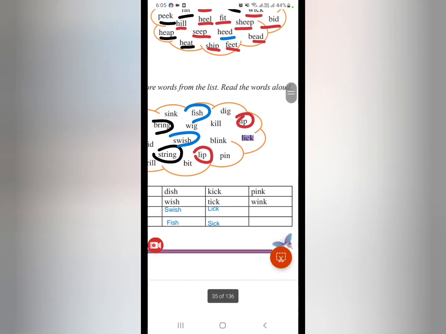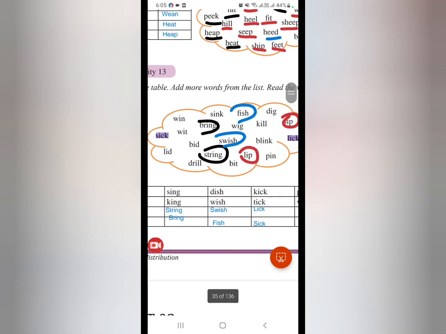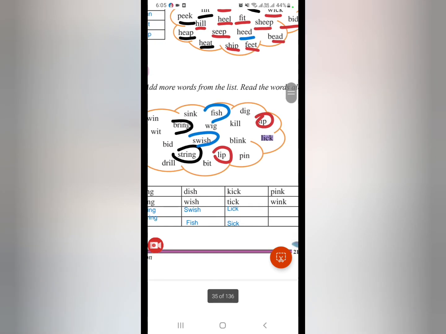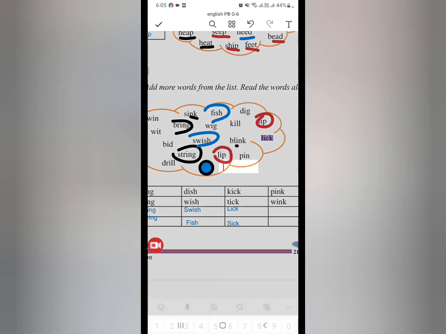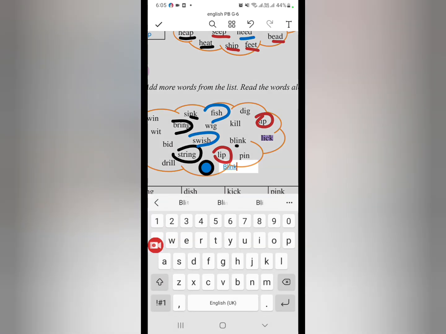Okay, and then pink and wink, the words which finish with nk. Now blink, sink.